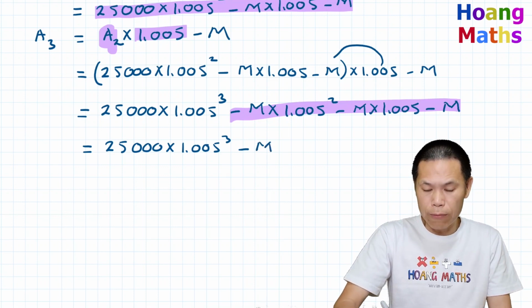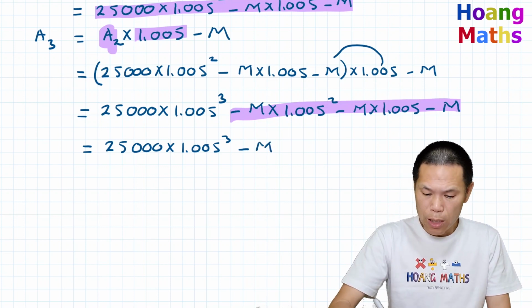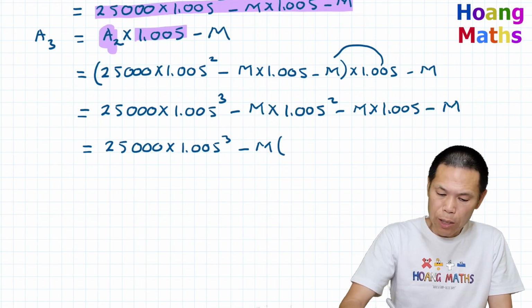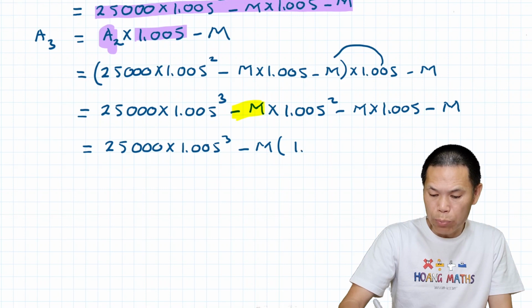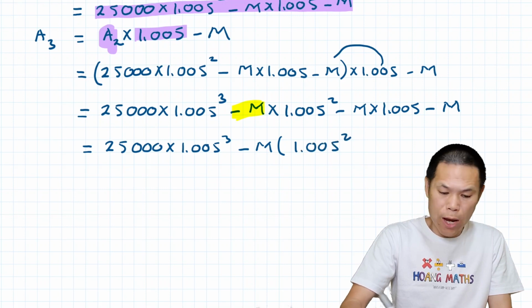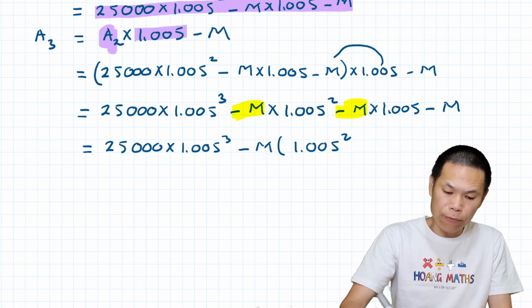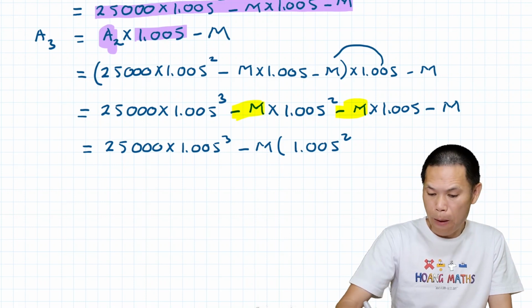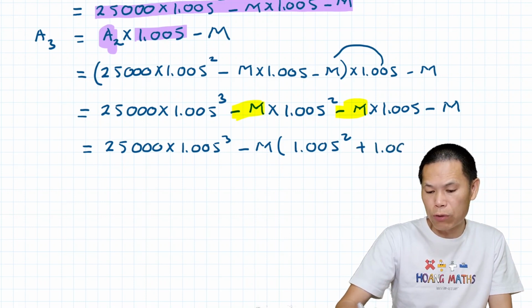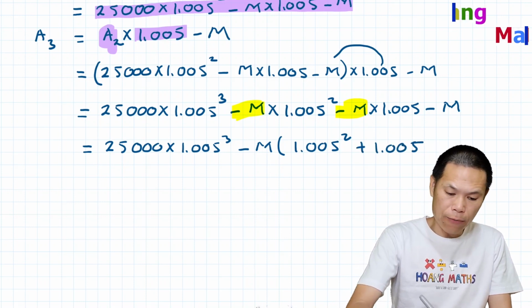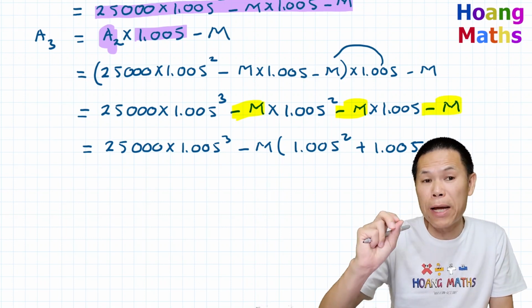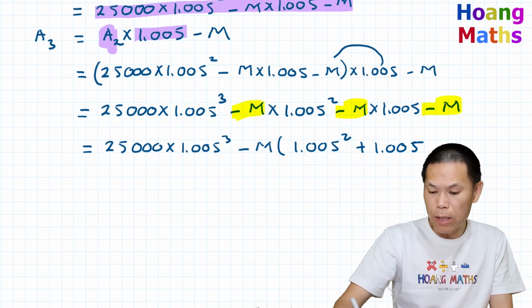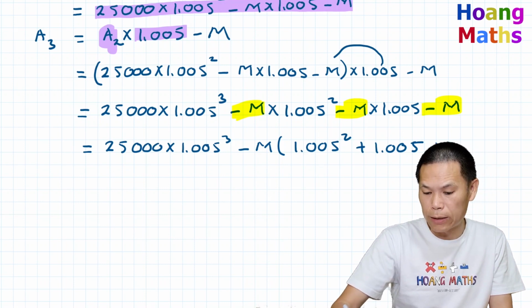So that will give me brackets, and because I took the negative M out, we are left with 1.005 squared, and we take the negative M out. So give me plus 1.005. And if I take the negative M out, that means I divide by negative M. So I'm left with 1 plus 1.